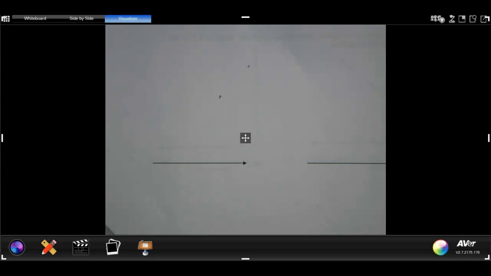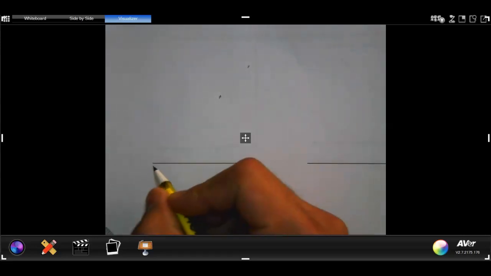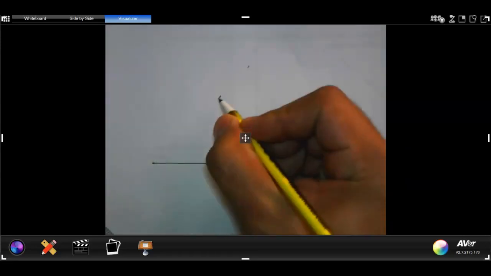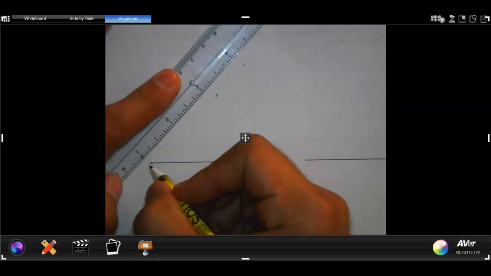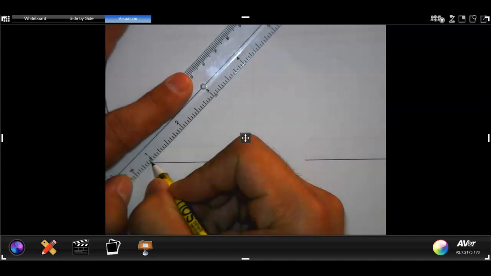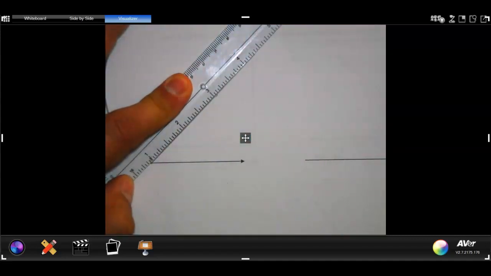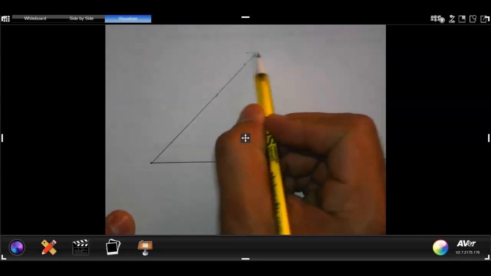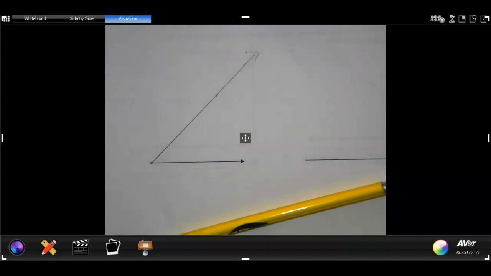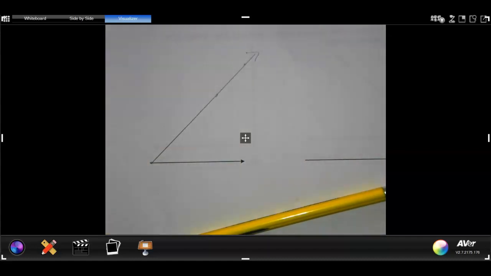Next step, you are going to connect the endpoint here to this point right here. Okay, so go ahead and connect them using your straight part of your protractor. That looks like 45 degrees to me. I used my protractor. I lined it up, put a little mark next to 45, and I connected it with a straight line.